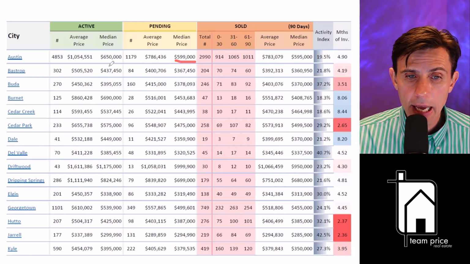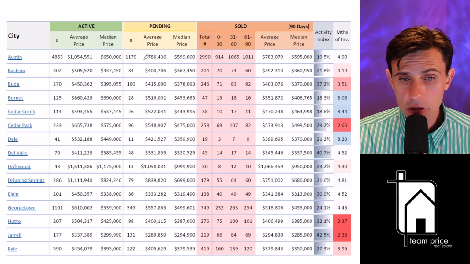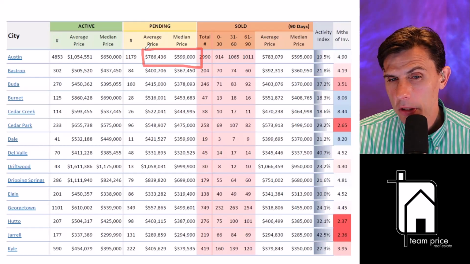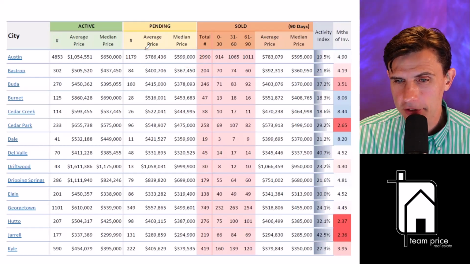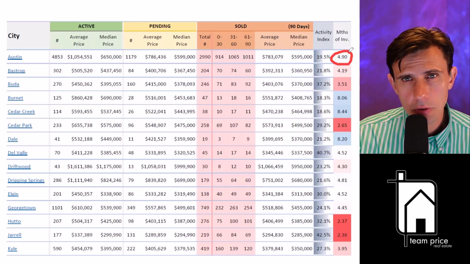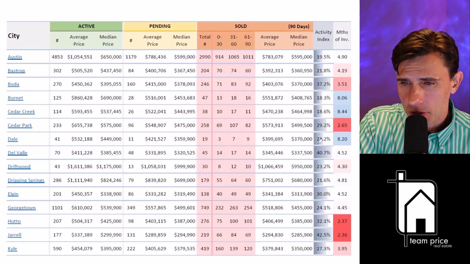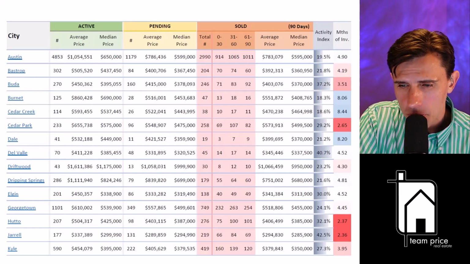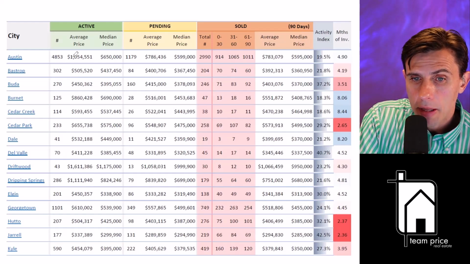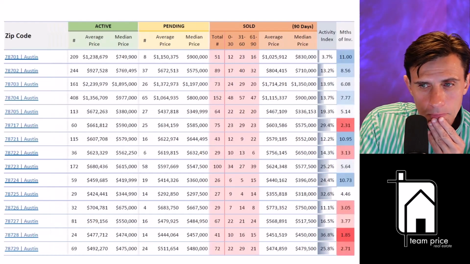But look at the median active, 650, 1,054 of the active. So what's going pending? The cheaper, very affordable 786. That's what's going pending. So this number is going to cross into the neutral market territory really shortly. So we've got quite a few zip codes, and cities for that matter, that are just inches away from a neutral market.